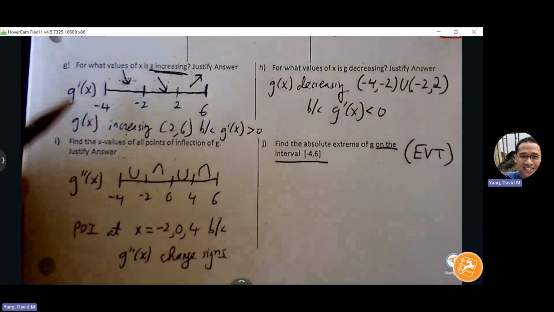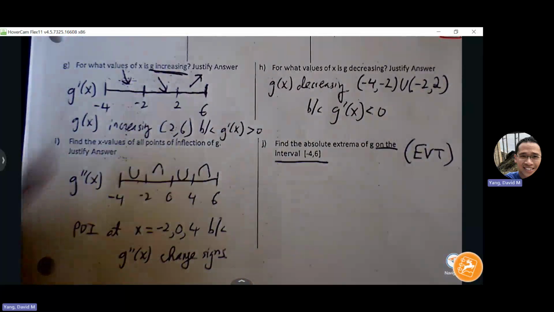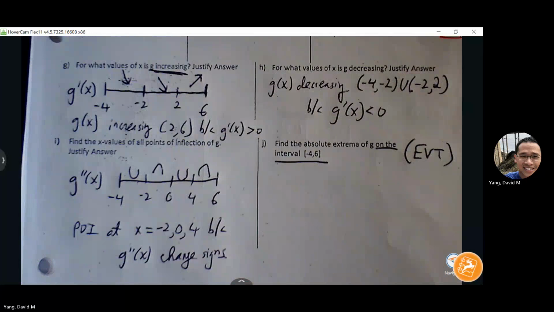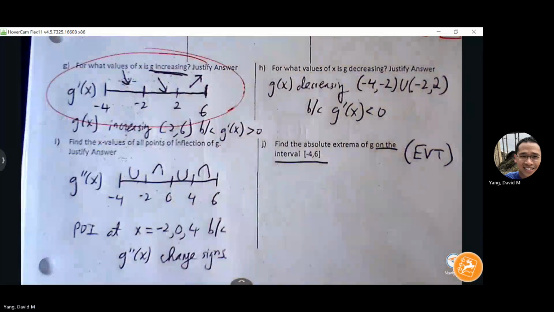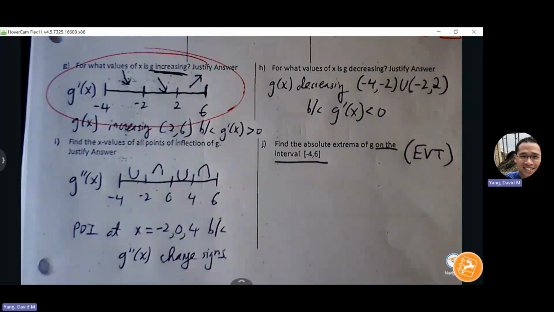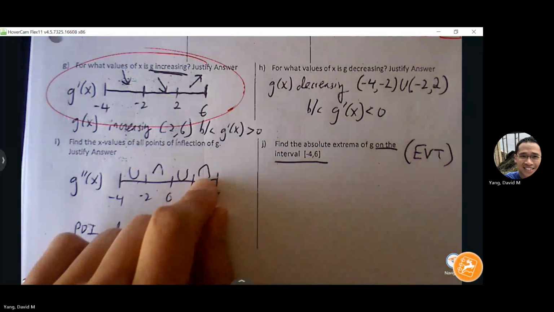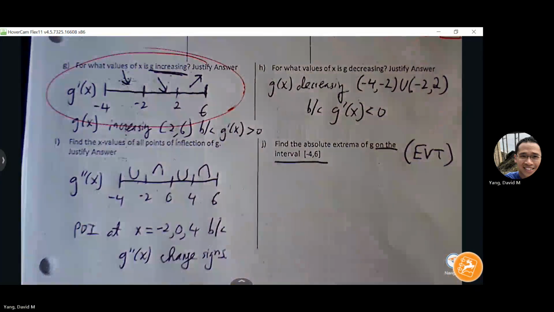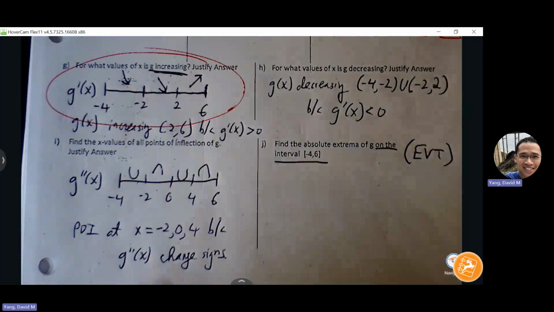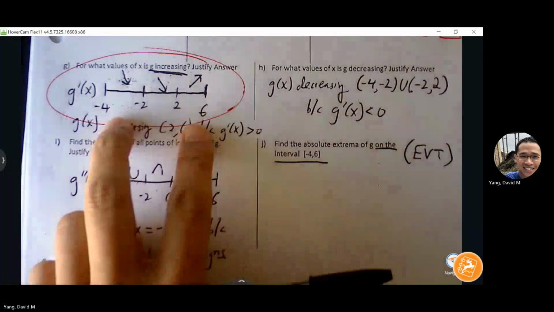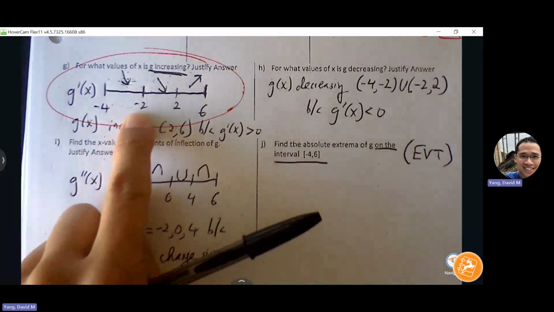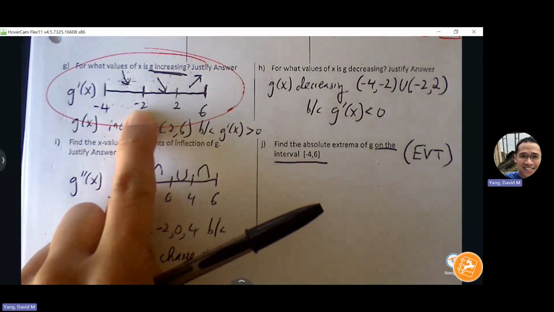Which sign line do we pick this off of, G prime or G double prime? G prime. Okay. So what points do we want to test? Endpoints and critical points. So what points do we want to test? Good. Okay. We don't have to test -2 because why?